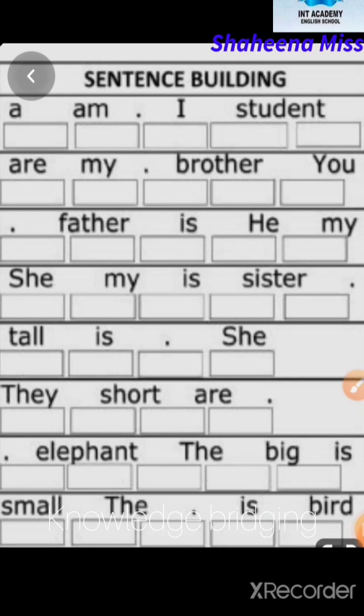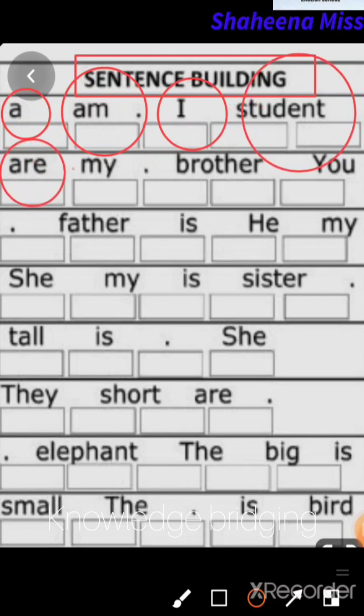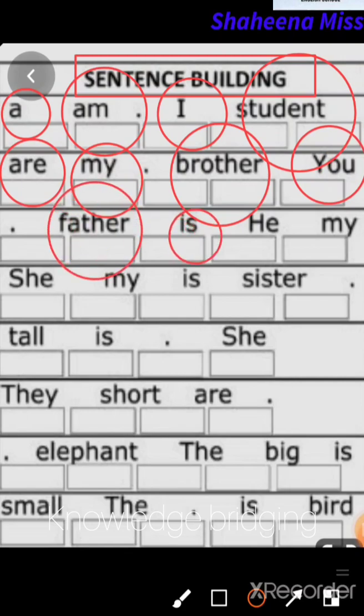Now from the words only you start sentence building. Your teacher taught you how to make a sentence with the help of words. You can see there are some words on your screen: am, I, student, are, my, brother, you, father, is, he, my.